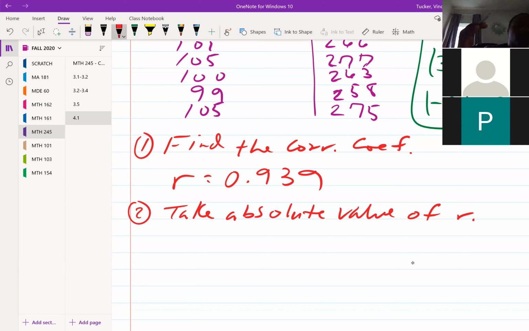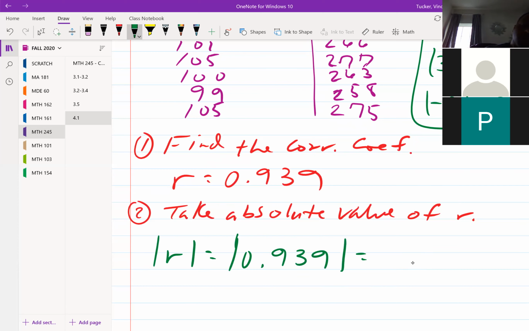Because remember, your correlation coefficient can be negative. They want you to compare it to a positive. Take that positive result and compare it to your critical value. So I'm going to do the absolute value of R, which is still just 0.939.